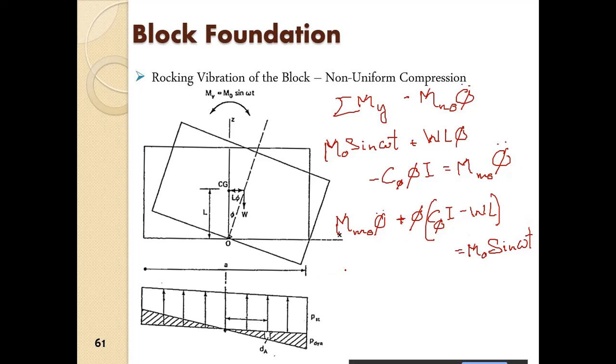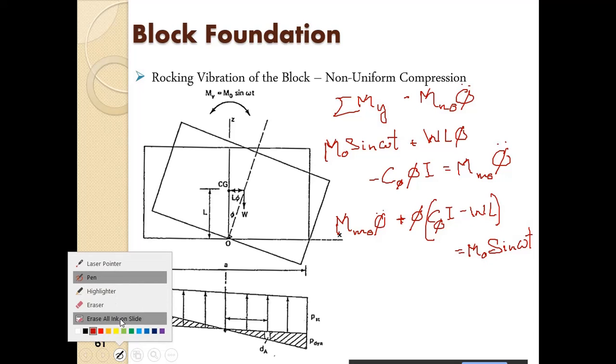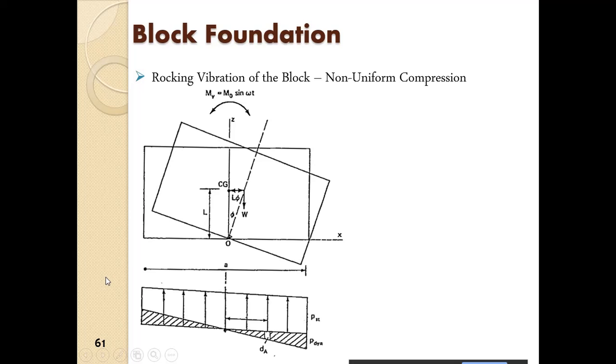So now we have this equation: mass moment of inertia into the angular acceleration plus phi into c phi I minus WL is equal to M naught sine omega t.